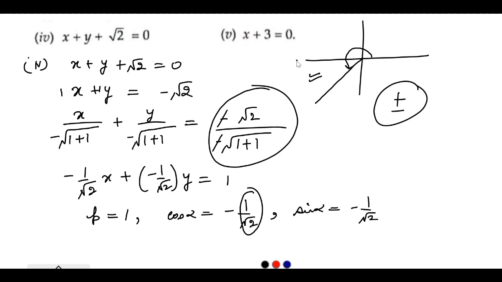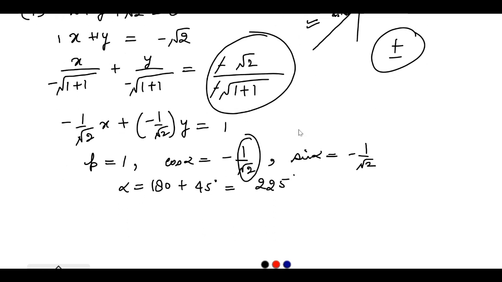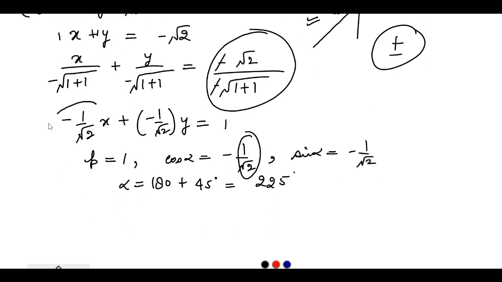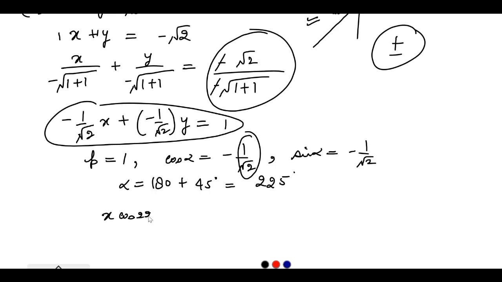It means alpha will be 180 plus 45, 225 degree. So you can write this form x cos 225 degree plus y sin 225 degree is equal to 1. Clearly p is 1 and alpha is 225.